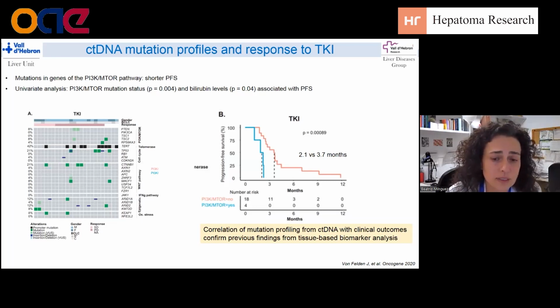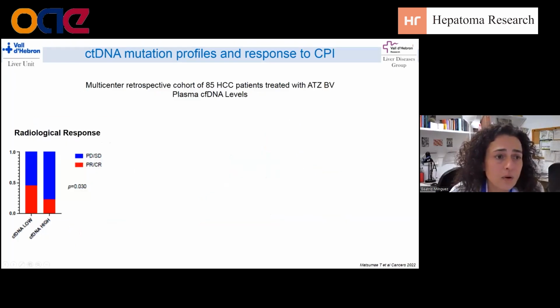They were aiming to identify also markers in liquid biopsy for immunotherapy, but they were not able to have these findings. However, there have been other reports, and I am showing you one from last year regarding again ctDNA mutation profiles and response to checkpoint inhibitors. This is a multi-center retrospective cohort of 85 patients treated with atezo-bev. The investigators have measured plasma cfDNA levels, and as you can see here, plasma cfDNA levels are correlating with response.